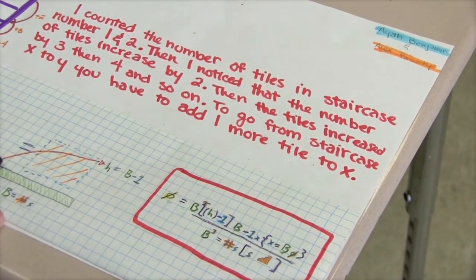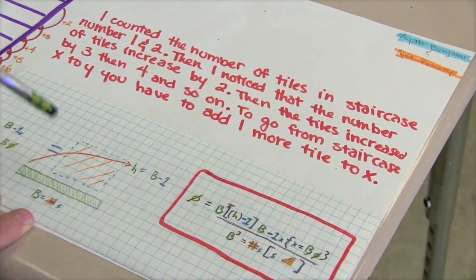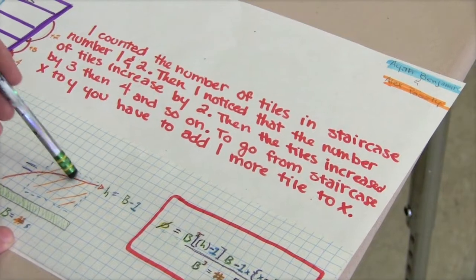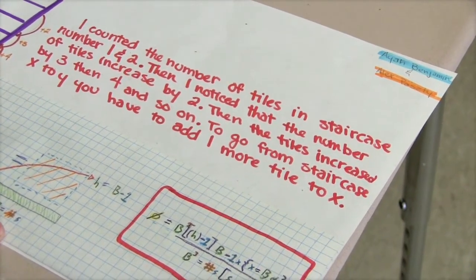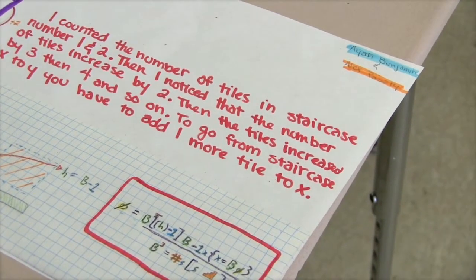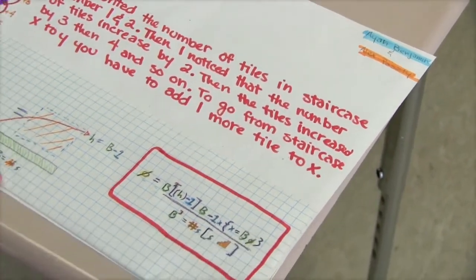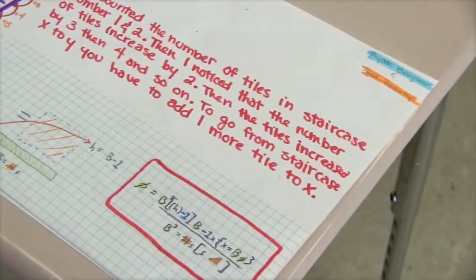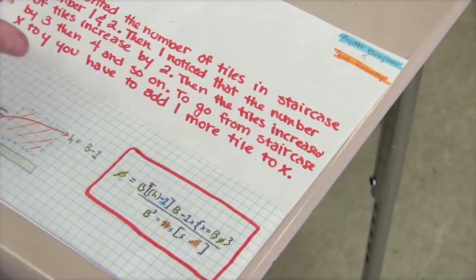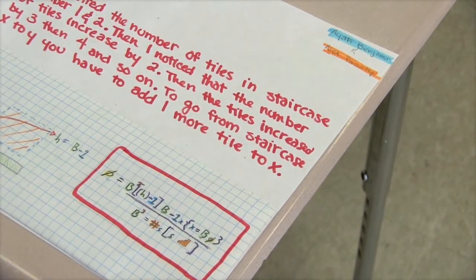For example, the base, I notice, is always the number of the staircase it is, and the tiles in the middle are always the base minus 1 times x, x being a Greek letter, which is theta, times b, which is the base, to show that each stair reduces by 1 tile.